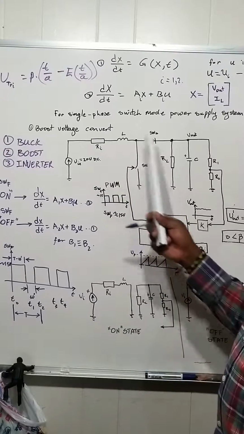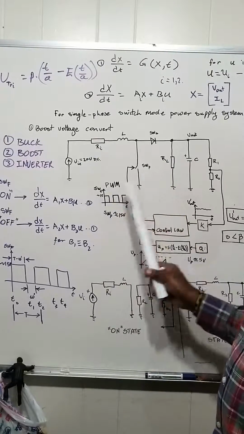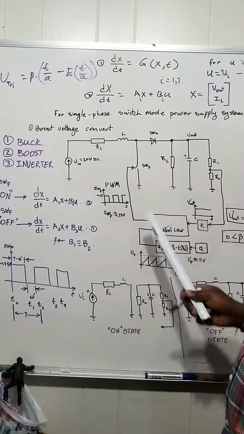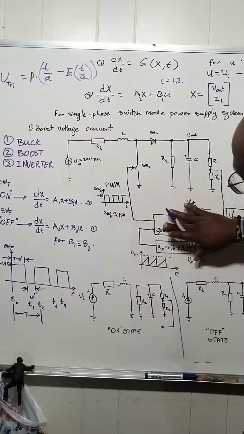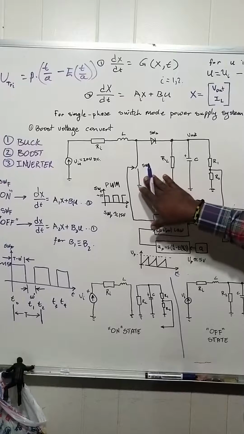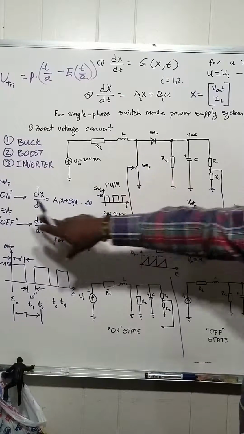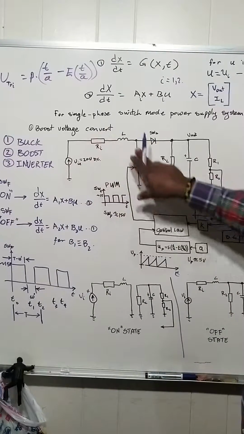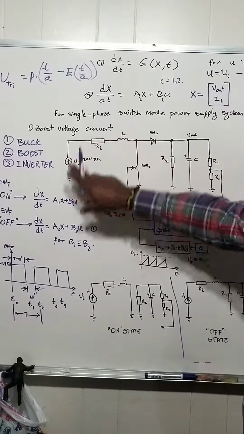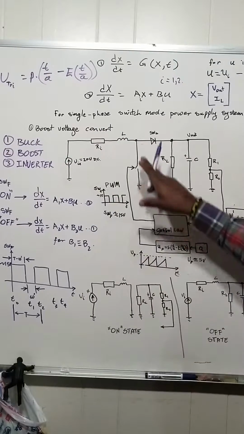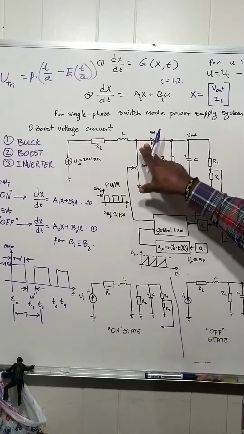So when this is closed, energy is generated in this section. Once this transistor is in the on state, this current flows, right? That ends up creating what?